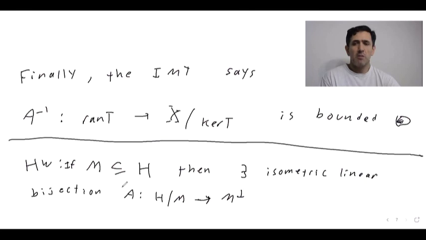Annihilate meaning plug in anything in your closed subspace, you get 0. But that's a subset of the dual space. That's not a subset of your Banach space. So there is absolutely no good concept of an orthogonal complement of a closed subspace that is itself a closed subspace of your original Banach space.